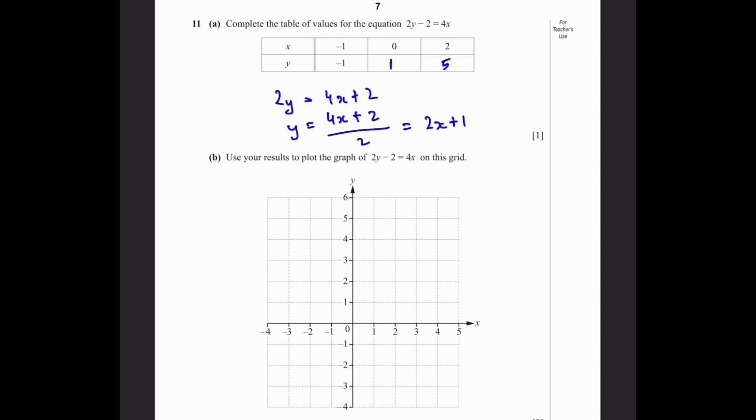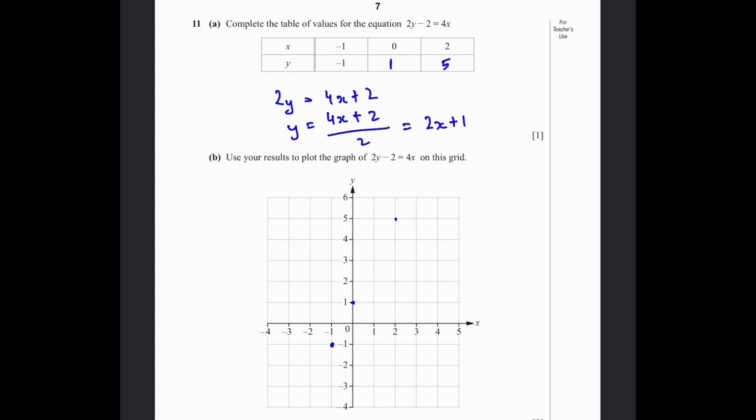Now we just use these results to plot the graph of the equation 2y minus 2 equals 4x on the grid. So let's mark minus 1 comma minus 1. And then we have 0 comma 1, which is right here. And then 2 comma 5, which is all the way up here.